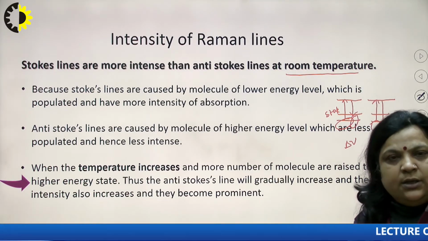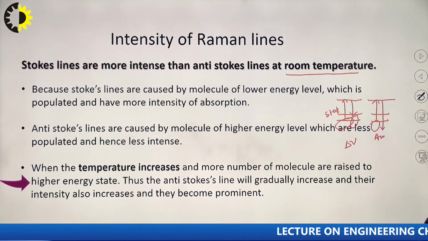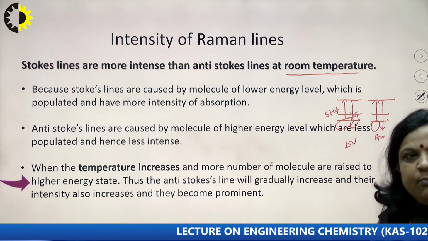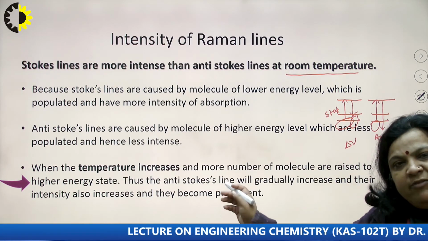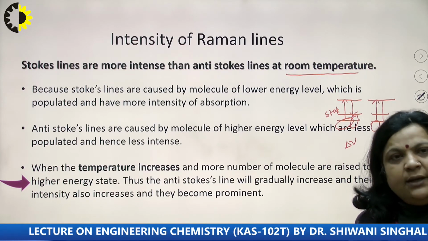So, in this condition, the intensity of anti-Stokes lines will be more. Anti-Stokes lines are caused by molecules of higher energy level, which is comparatively less populated, but when we increase the temperature, the intensity of these anti-Stokes lines increases.